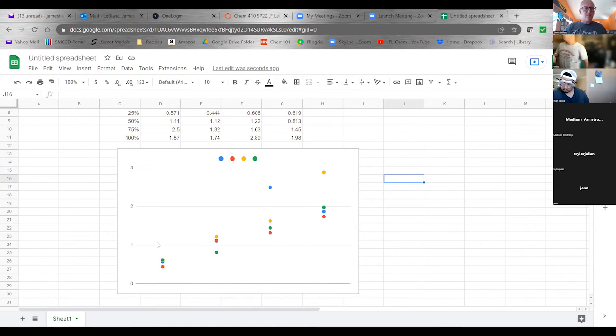So I've got 0 here, and then this is 25, 50, 75, and 100. And it looks like a nice linear relationship between them. So that looks pretty good. It's going to need a little more time to fit this, but I will work on that a little bit more.